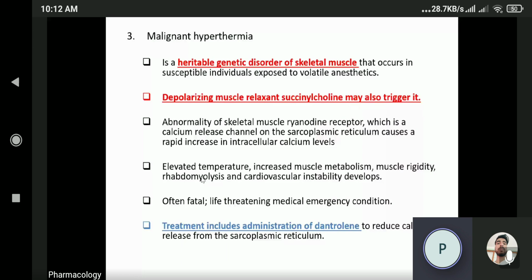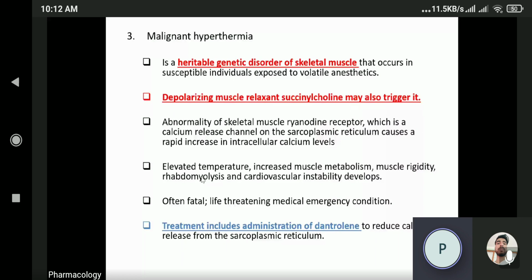They also cause increased muscle metabolism. They can land up in acidosis. There will be muscle rigidity. There will be destruction of muscle cells, rhabdomyolysis, and even cardiovascular cells can get affected. So this is a very fatal situation, an emergency, life-threatening medical condition.